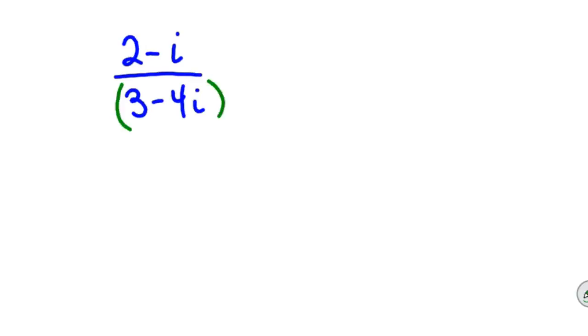If you had, say, 2 minus i over 3 minus 4i, something like that. Again, you're going to go ahead and multiply that by its conjugate to rationalize that denominator so that you could divide. So that would be 3 plus 4i, top and bottom. That's your conjugate.